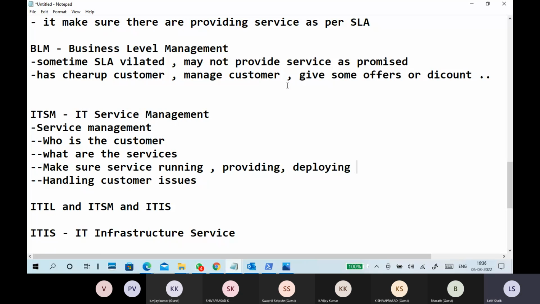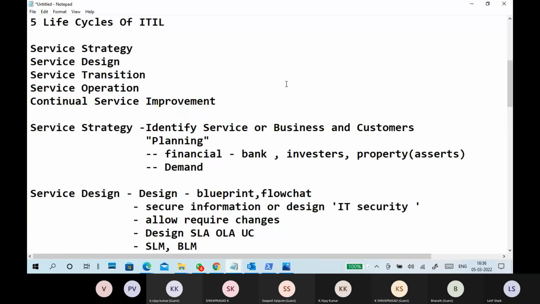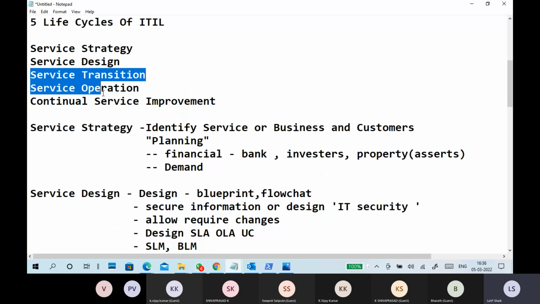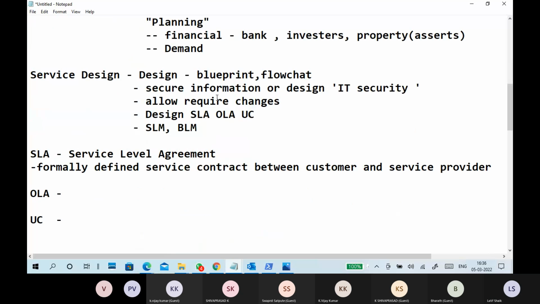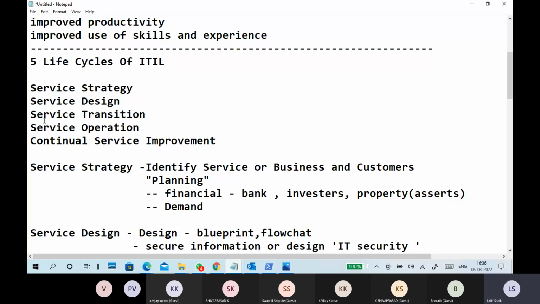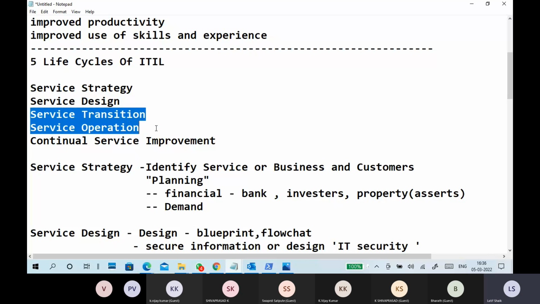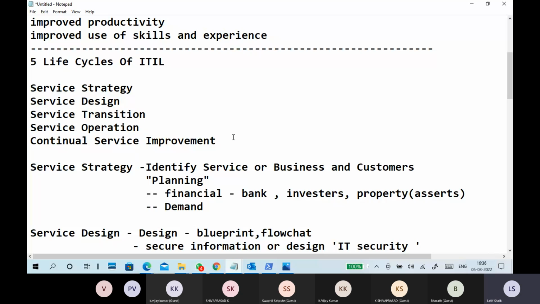Oh, it has become very big now, so then service transition, operations, and continual service improvement.